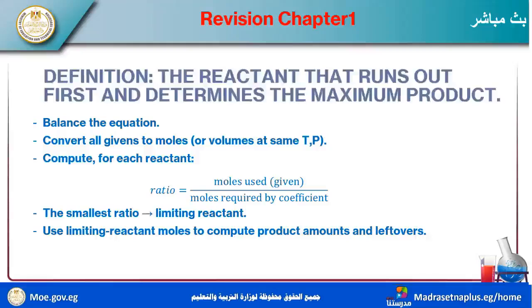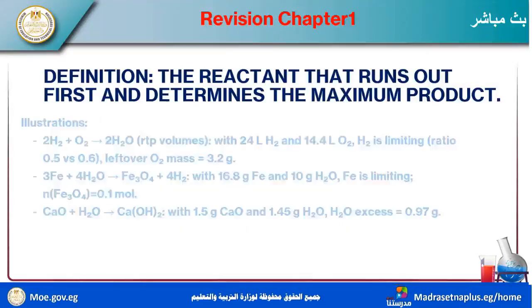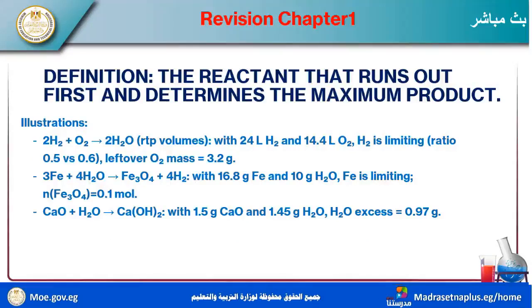Now, it is very important to know the illustrations about these reactions. We have 2H2 plus O2 equal to 2H2O at RTP.